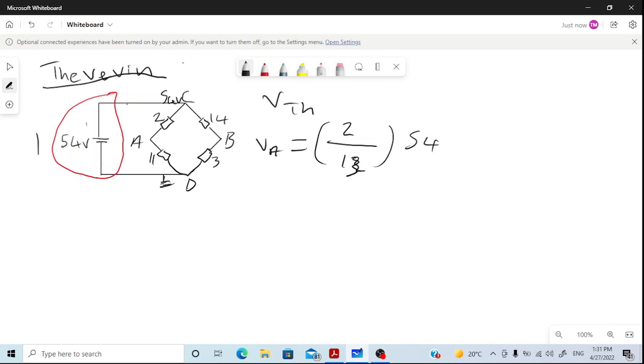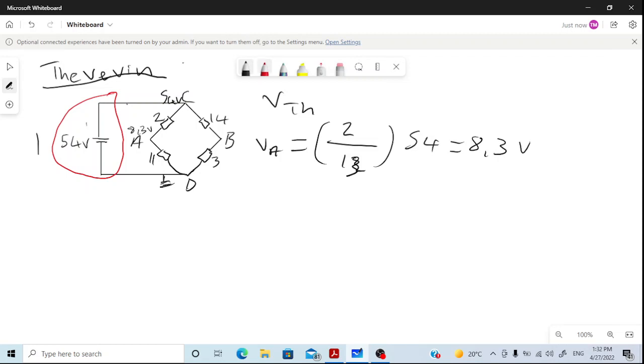So let me see, we have 2 over 13 times 54. I'm getting 8.3 volts. So here I have 8.3 volts.